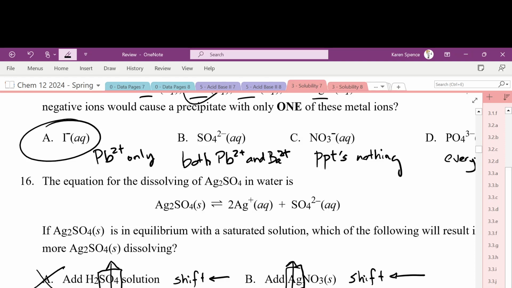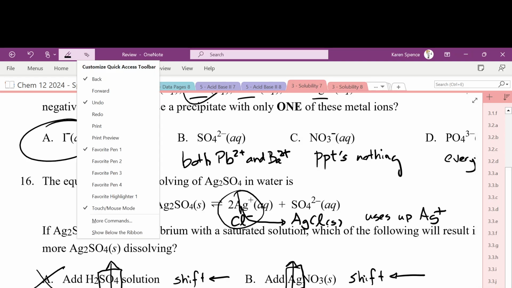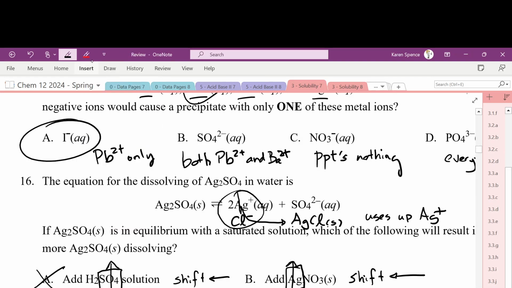If chloride precipitates with silver, you're going to have these two reacting to form AgCl solid, which uses up the silver, which causes silver concentration to decrease, which will cause it to shift to the right.